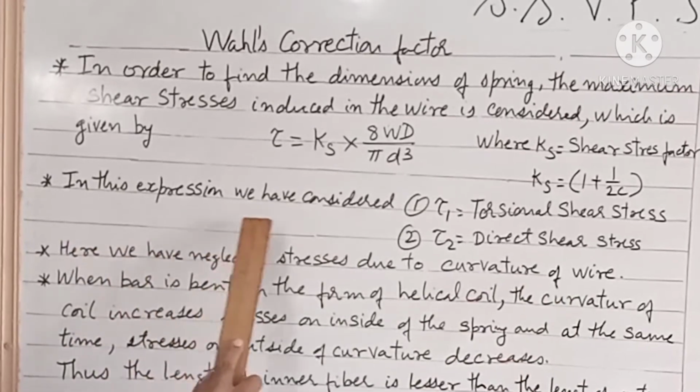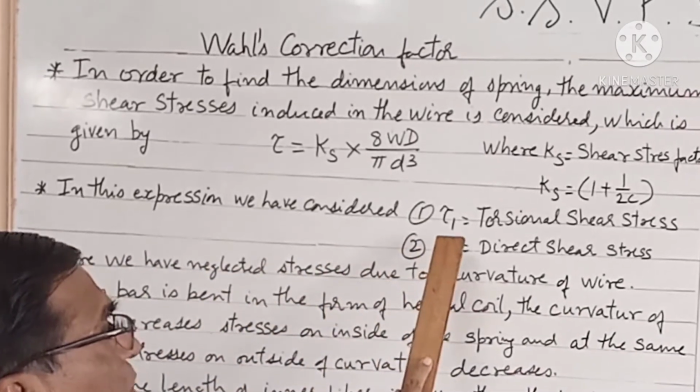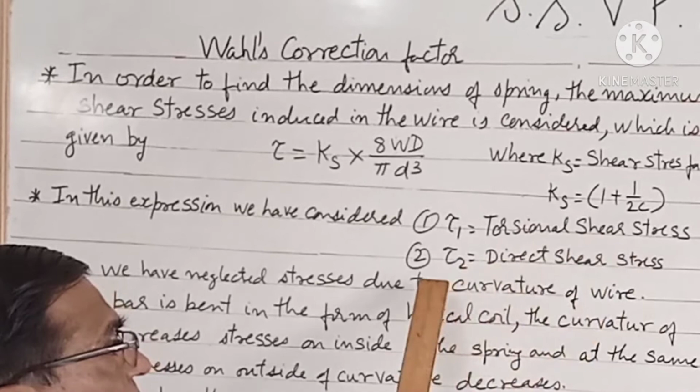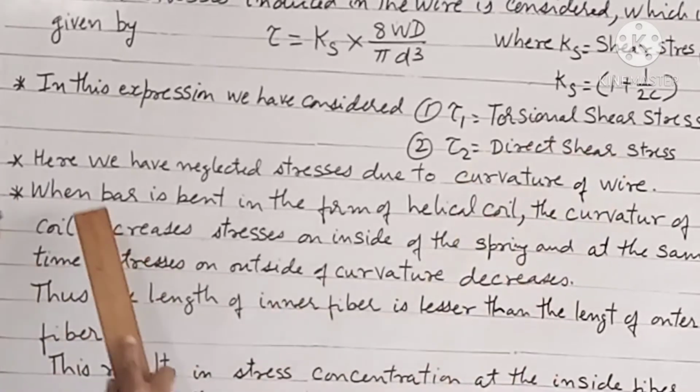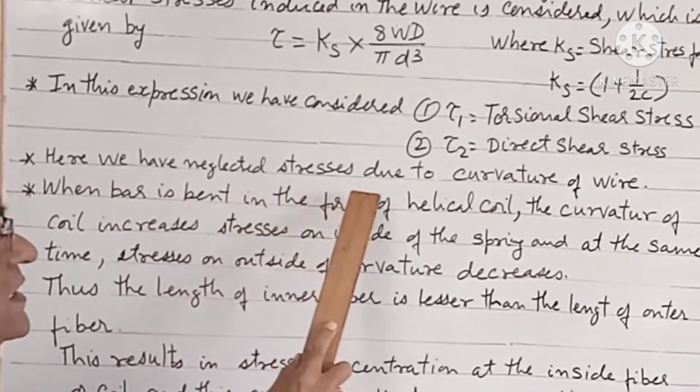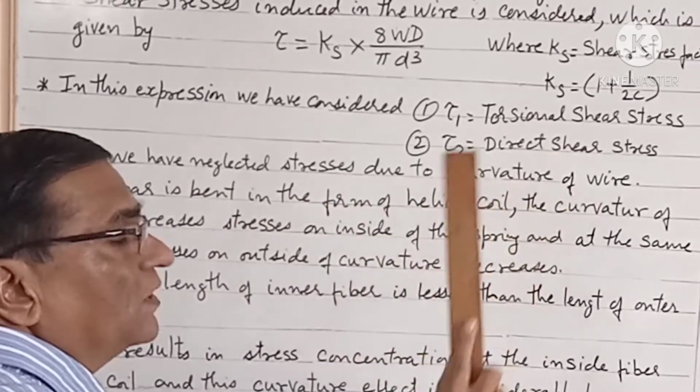In this expression, we have considered only tau 1, torsional shear stresses, and tau 2, direct shear stresses. Here we have neglected the stresses due to curvature of wire.